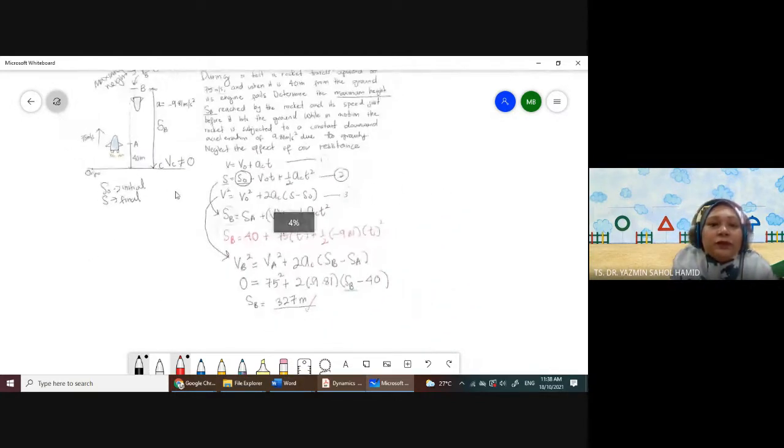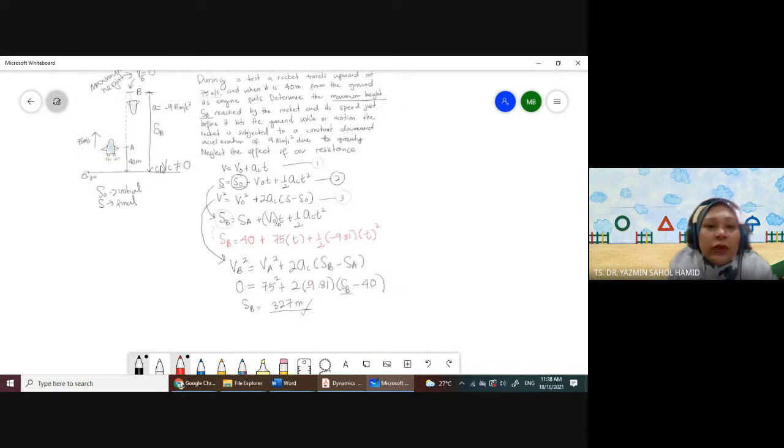When you want to find the velocity at C, you can use the same equation, and you can consider point C and A, or point C and B, and you will get the same answer.